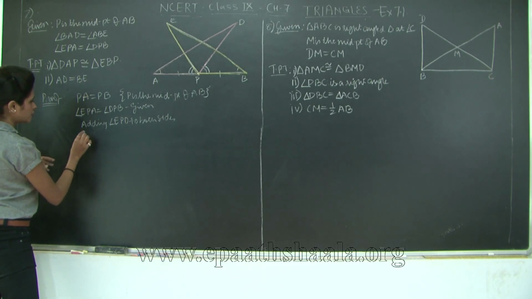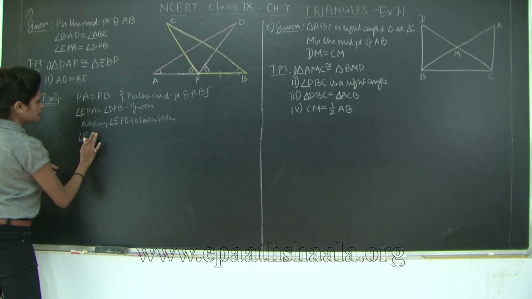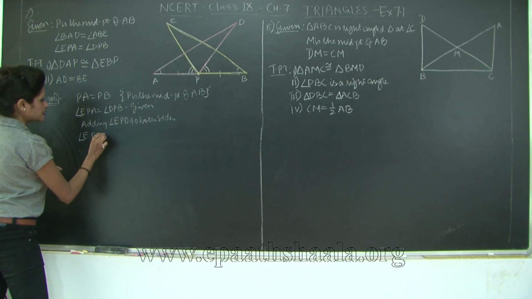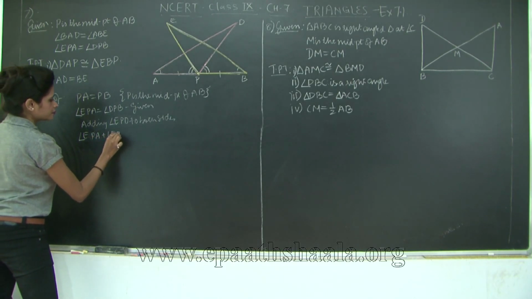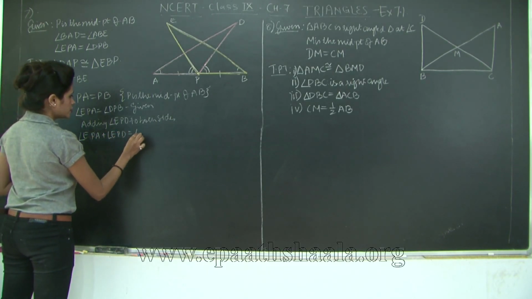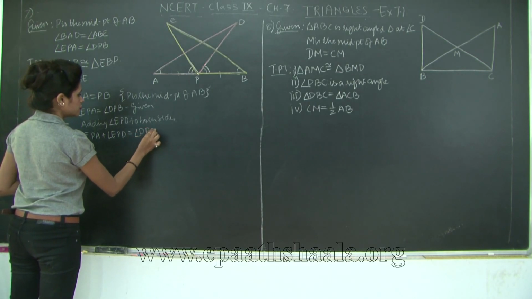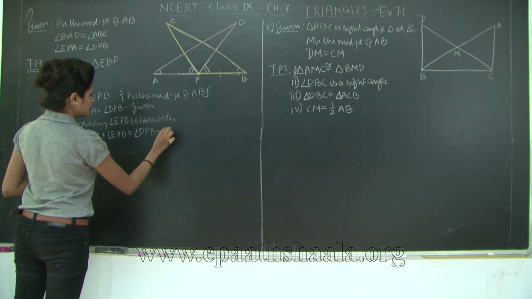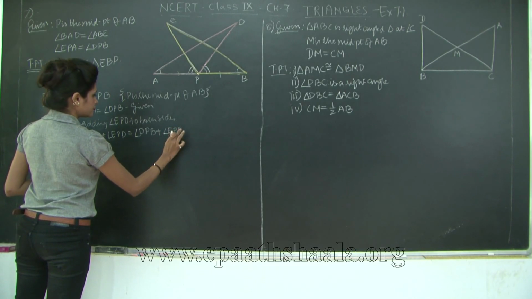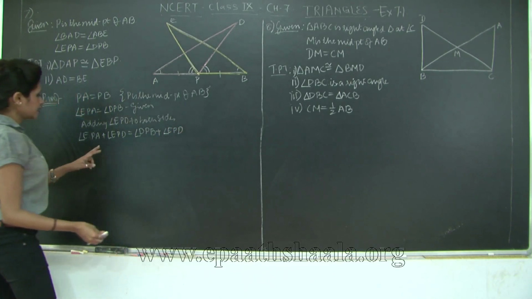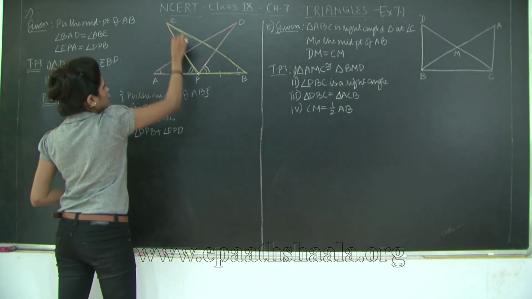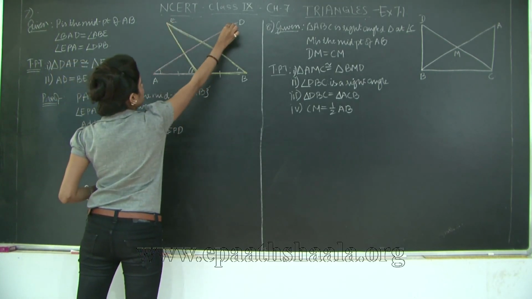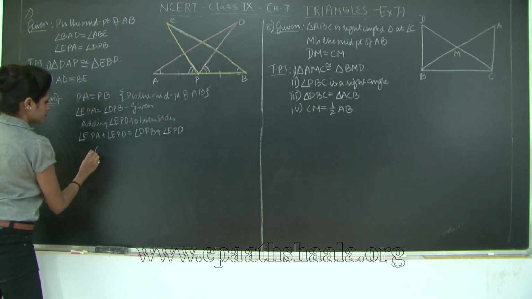So let's just add first EPA plus EPD is equal to DPB plus EPD. Correct? EPA and EPD, I have DPA.